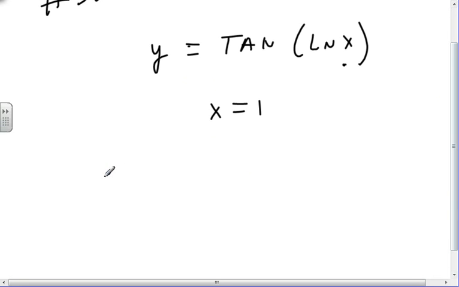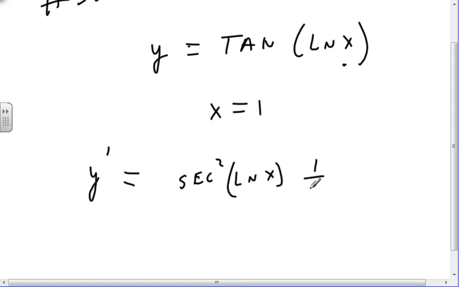All right, so if I find y prime, what is the derivative of tangent? The derivative of tangent is secant squared of natural log x, times the derivative of natural log, which would be 1 over x.